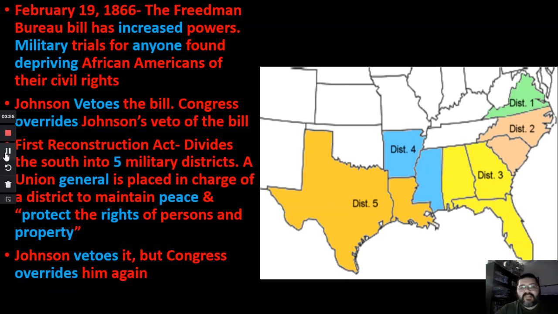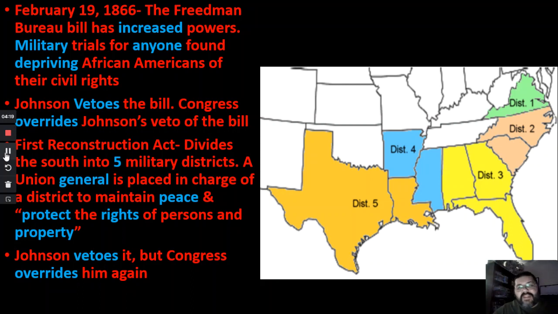Now, when this bill passed the House of Representatives and the Senate and came to the president, he basically said, I don't like this law, I'm vetoing it. And remember, when the president vetoes a bill, it doesn't mean the law suddenly goes away, torn up and thrown in the trash can. No, it goes back to Congress.